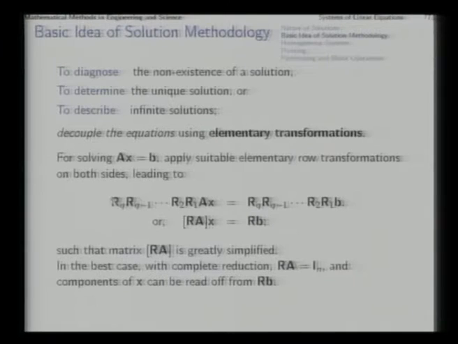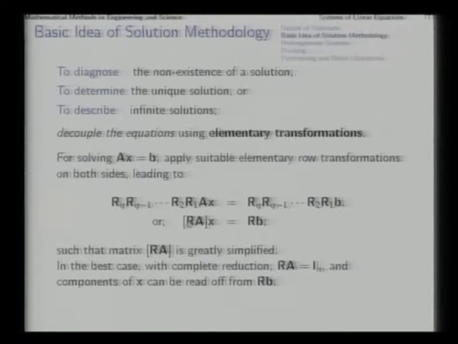Finally, we can consider this entire product, Rq, Rq minus 1, Rq minus 2, up to R2, R1, A. A is written as it is, and the product of all these elementary matrices is sitting as R. That same R will be sitting on the right side also as Rb. After this point, we examine what happens to the matrix RA.